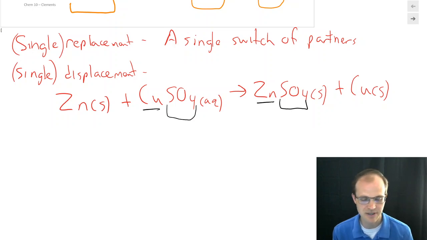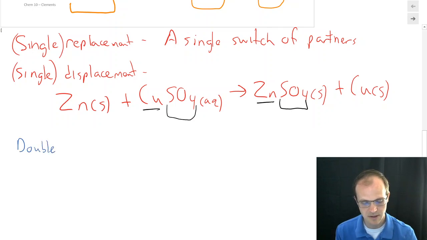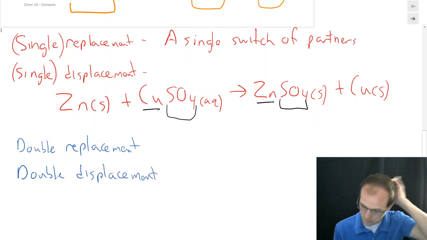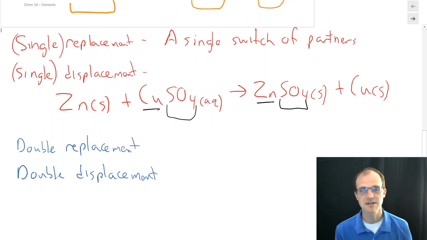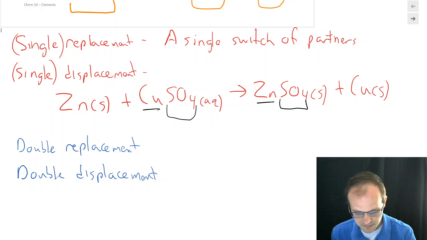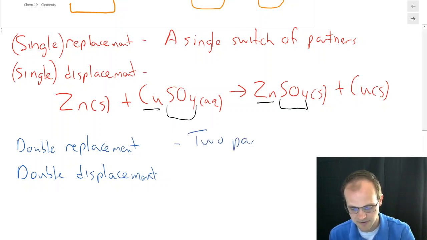So if there's a single replacement, what do you guess there also is? You betcha, a double replacement, or a double displacement. You can use either term. We're going to use replacement in this class as our primary term, but displacement is actually a more common term. So what do we have? We have a two partner switch.